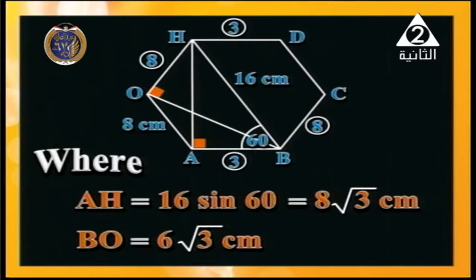This bisects angle A into 60 and angle B measures 30. In the isosceles triangle the perpendicular bisects BO. Half of BO equals AB sine 60, or AB sine 30. After substitution, BO equals 8 root 3.